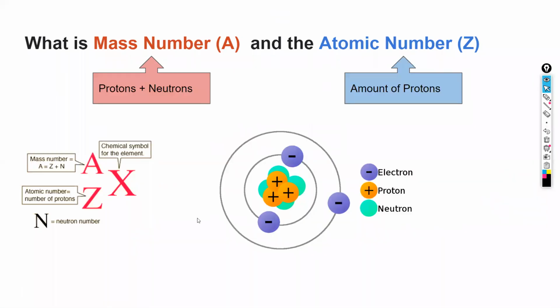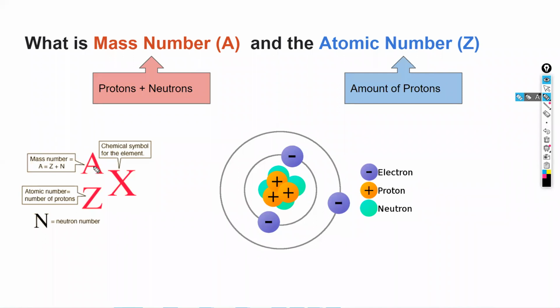So whenever you have an element, let's just call it X. X can represent any element, oxygen, nitrogen, whatever it is. Usually there's a number on top and a number underneath.